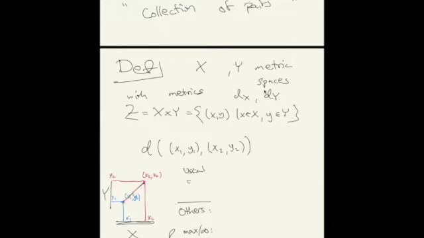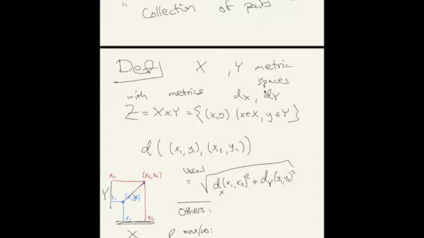Now, it doesn't have to be in the plane, but this is a scheme indicating what this generally looks like. And the most usual thing, certainly what you can always assume in this class, is the square root of the distance of the x components squared plus the distance of the y components squared.